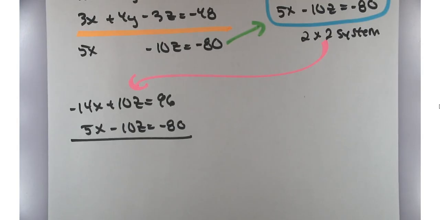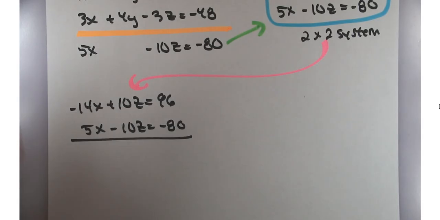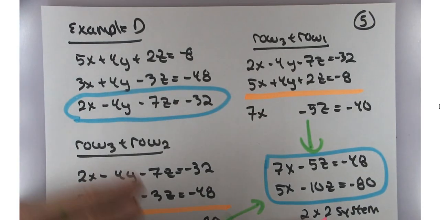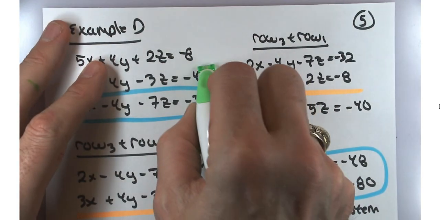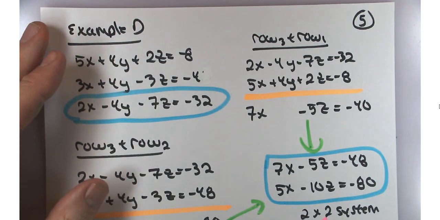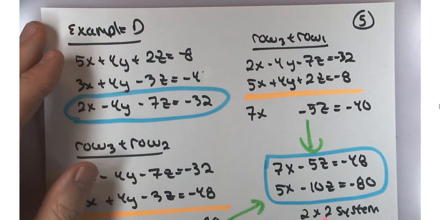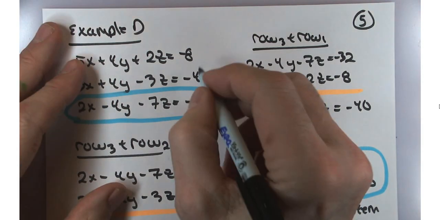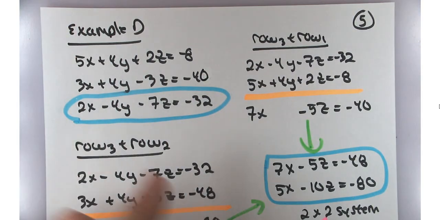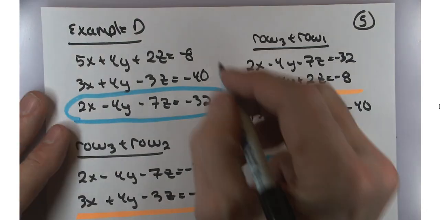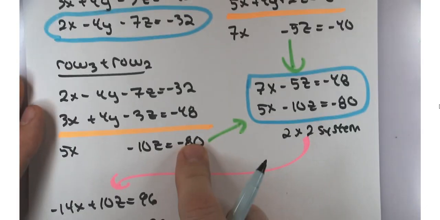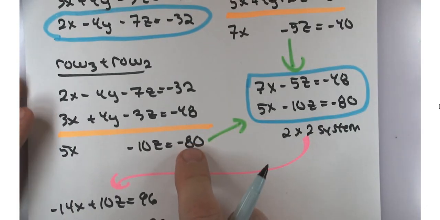Something looked wrong. Yeah, I think you put 48, but it was 40. Was it 40? Yeah. Oh, okay. All right, thank you. 40 here? I was looking at that going, well, wait a minute. All right, so 40 here. It's 7x minus 5z equals -40, not 48.